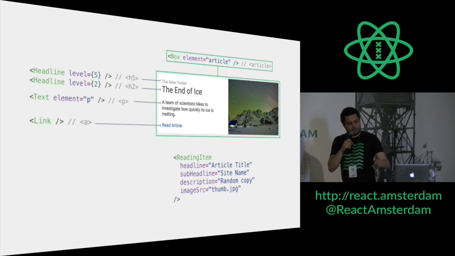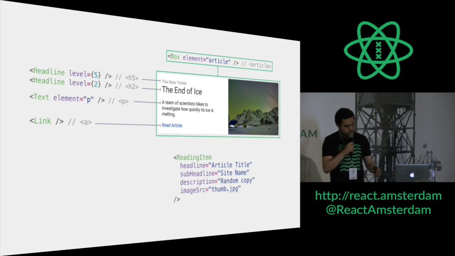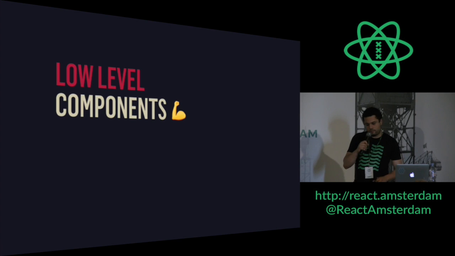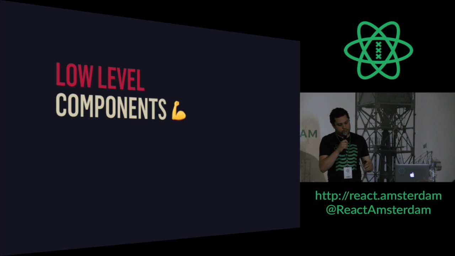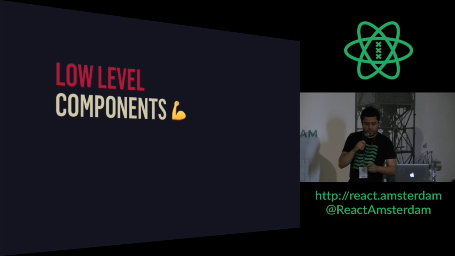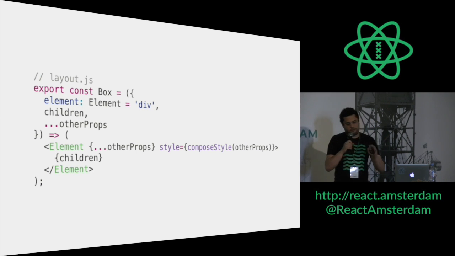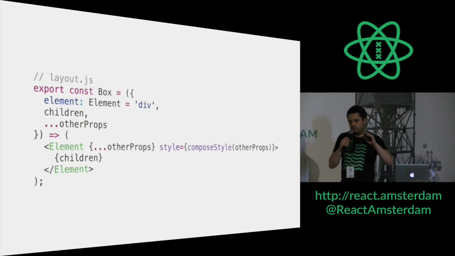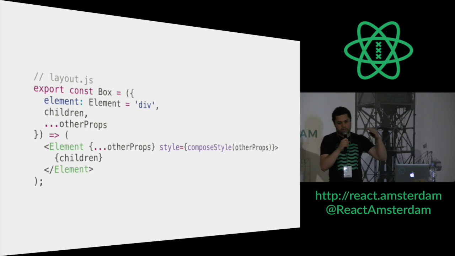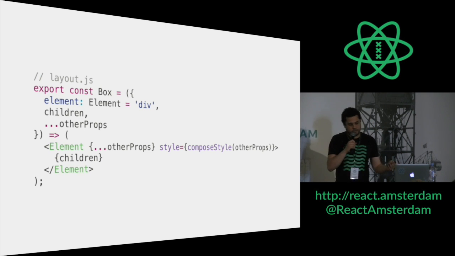we have this box element, right? It's just a low level component, and they are great. This is how my box component looks. It's just a stateless component. So in my layout.js, I have a box. I have a text, which returns a span.